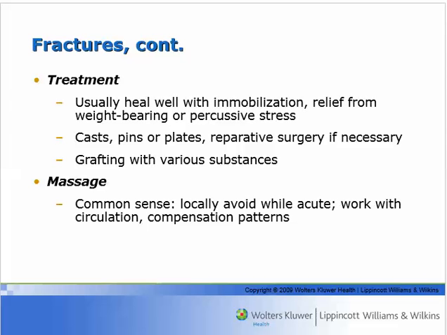You can have delayed unions where it takes a long time to heal, or you can just have non-unions where the two fracture parts just heal up and form a pseudo joint in between. It's pseudoarthrosis. All of these things can happen. Most of the time, our bodies are very good at just healing them up.